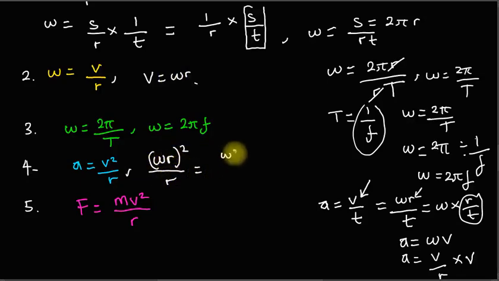We're going to arrive at w squared r squared over r. Cancel out. We're going to be left with what? W squared r. Hence, a is also equal to w squared r.